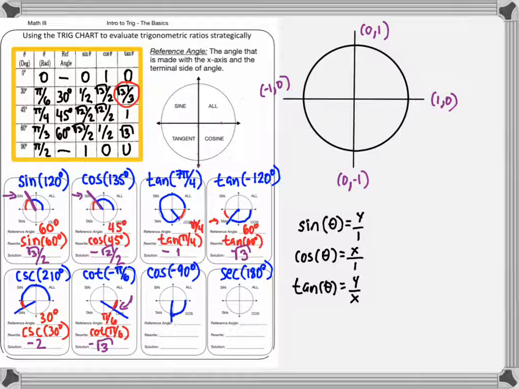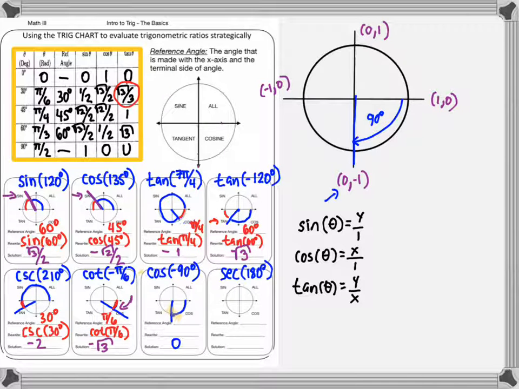If I look at cosine, we notice that the cosine of -90 degrees puts us on the y-axis, and that's going to be the x value. So we can skip right to the chase and say that the solution is going to be 0.